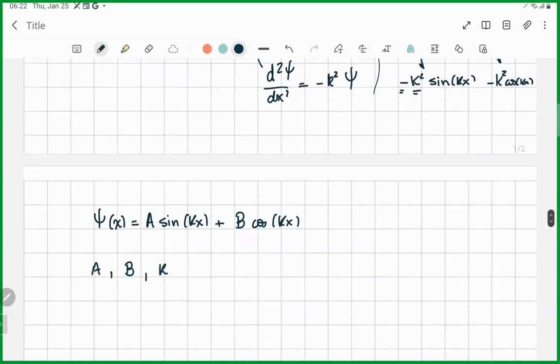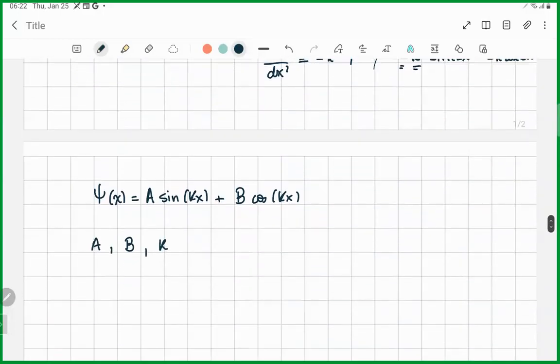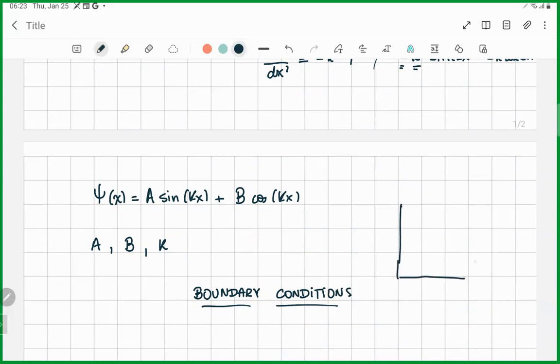Okay, so how are we going to proceed from now? We are going to use what is known as boundary conditions. What does that mean? We said that we have that potential where from 0 and below, the particle cannot be found.